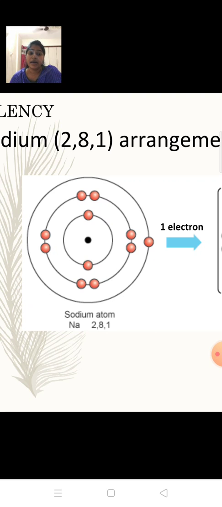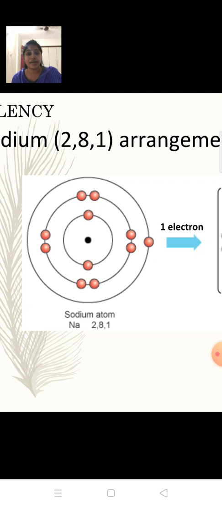So to achieve stability, it should have 7 more electrons. So it can accept 7 electrons, right? But we have already learned an atom can donate or accept only up to 3 electrons, not more than 3. Over here sodium needs 7 electrons, which is not possible.